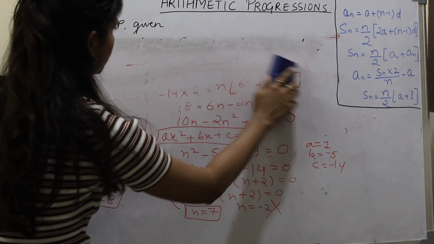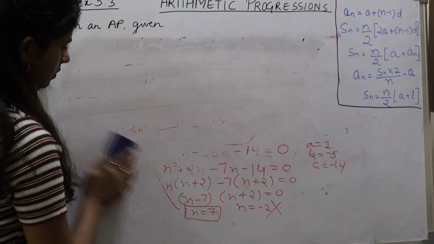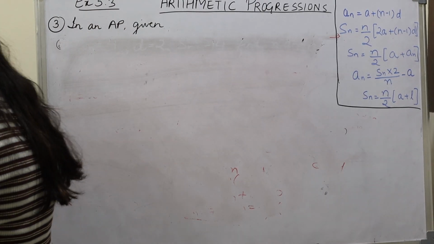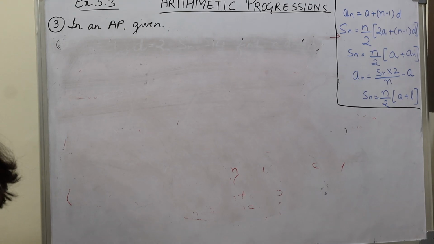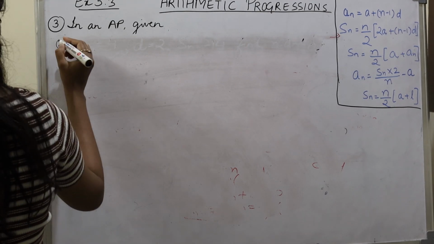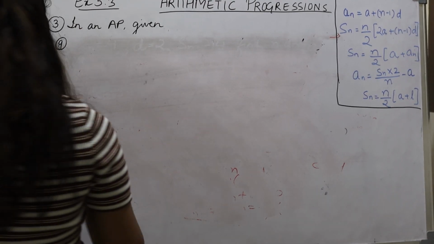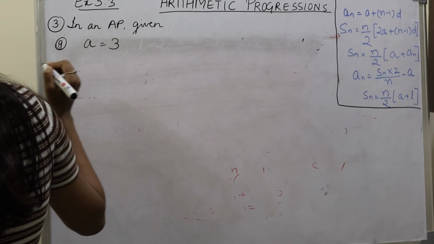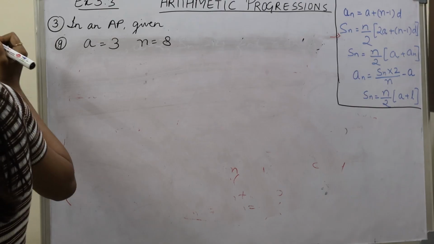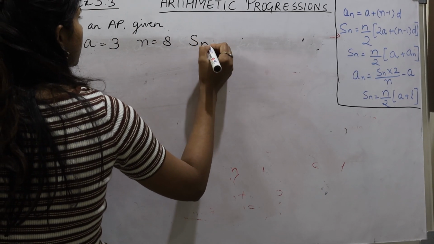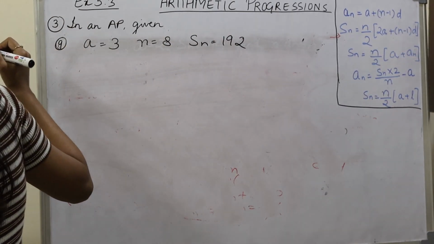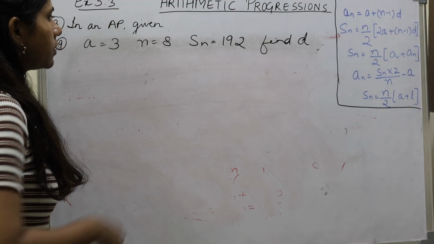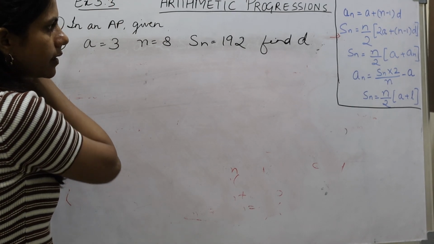Let me make some space. So for the ninth question, here they have given a, n, Sn, and we have to find d.